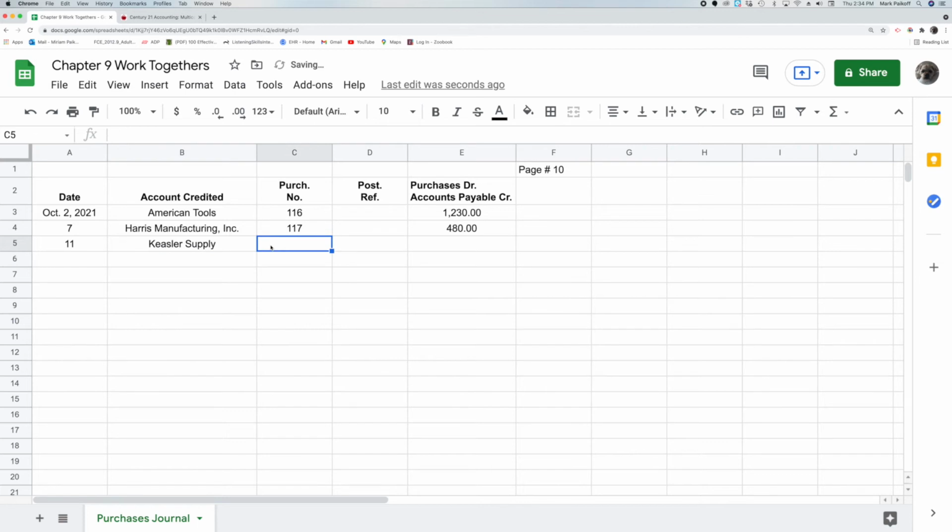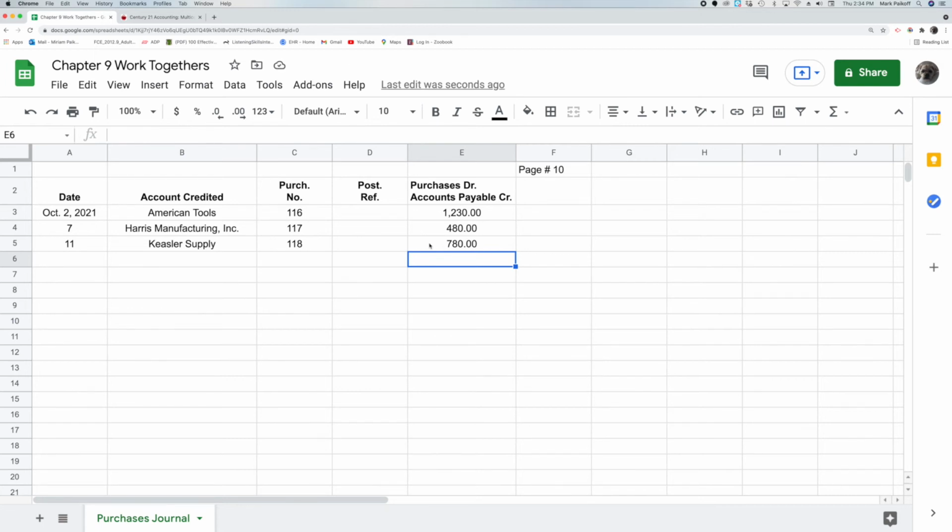After that, we're going to put in the purchase invoice number, which is 118. And then we're going to record the amount in the purchases debit, accounts payable credit column. Okay, so that was the third and final transaction.